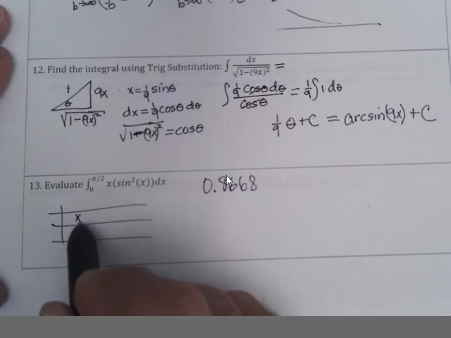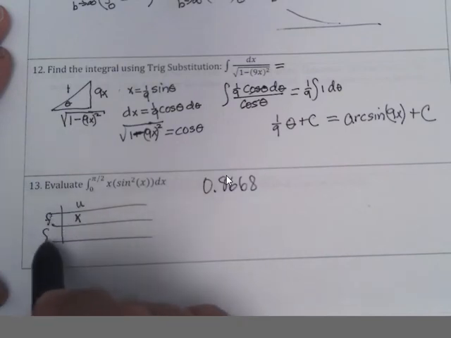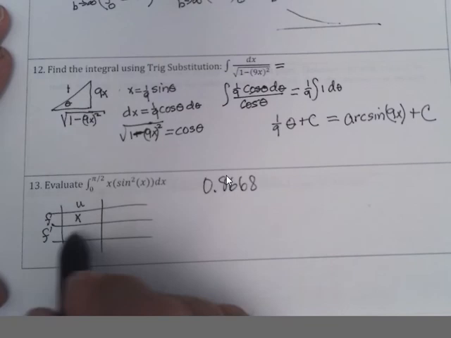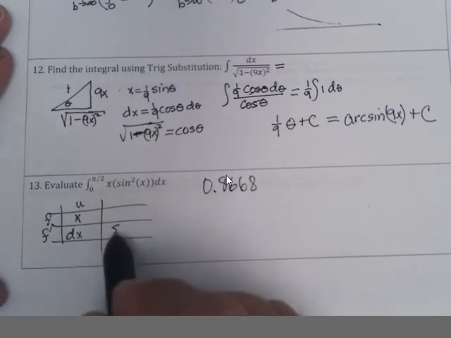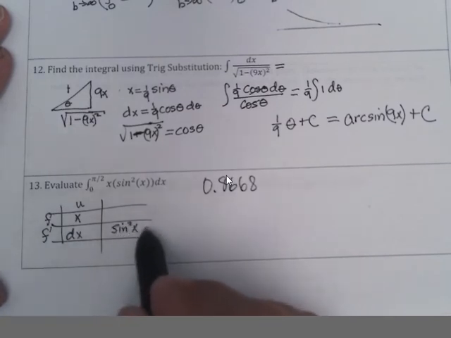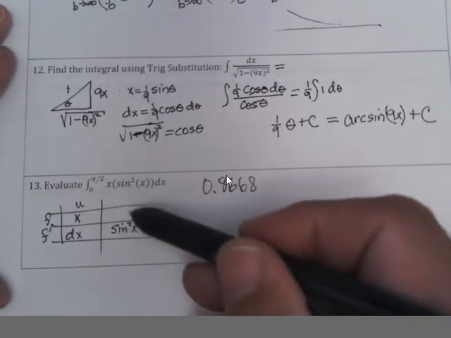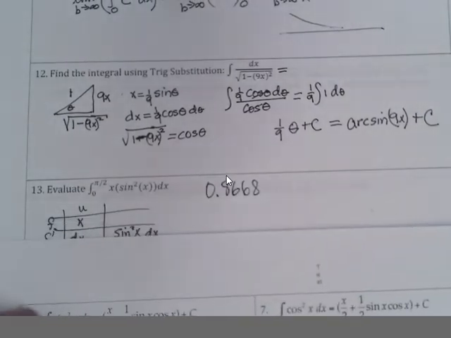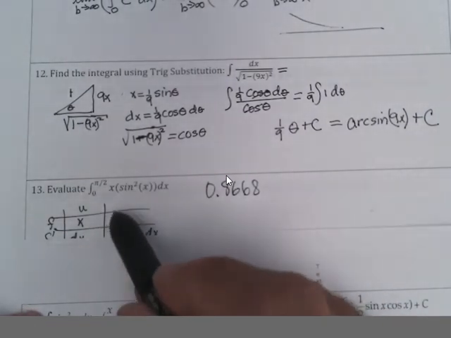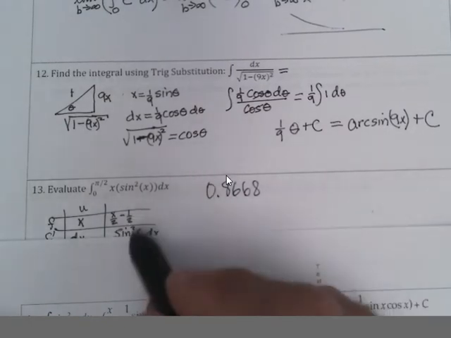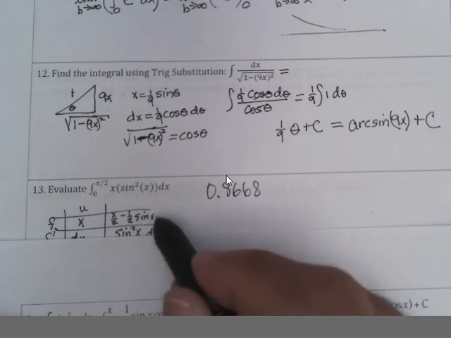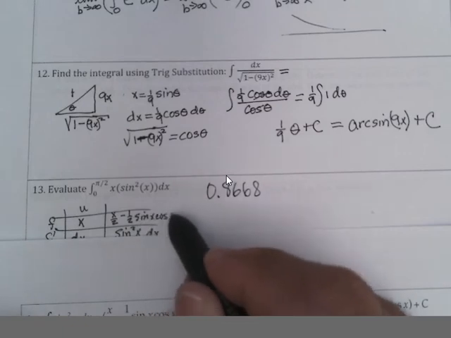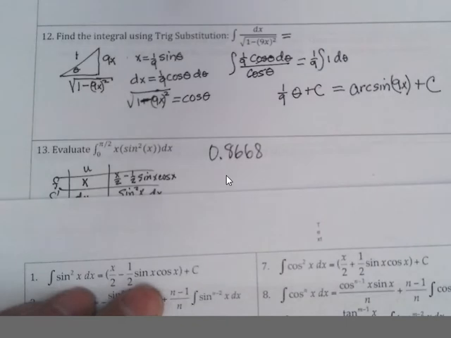So if I put x here under u, then this would be dx, and if I put sine squared x dx, the antiderivative of sine squared, according to our table, is this big mess. It's x over 2 minus 1/2 sine x cosine x, using rule number 1.